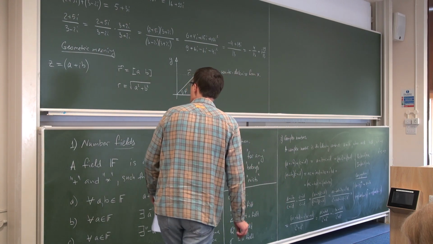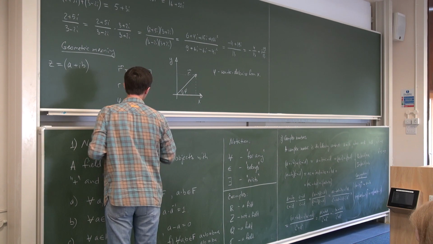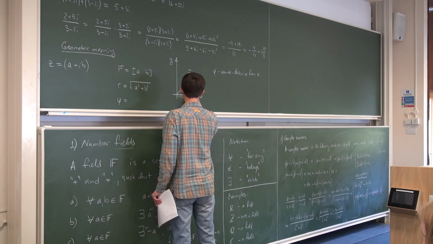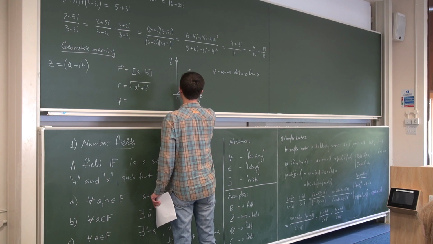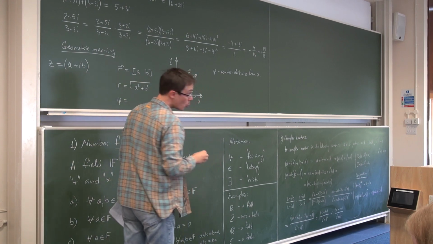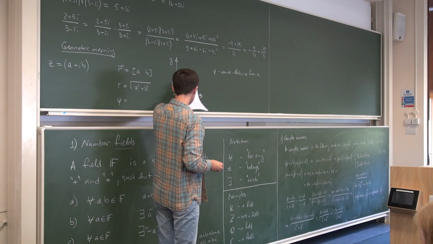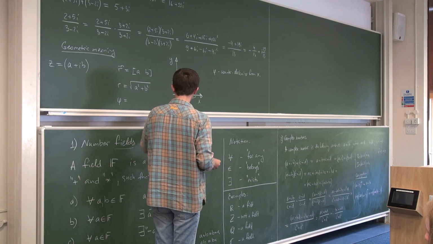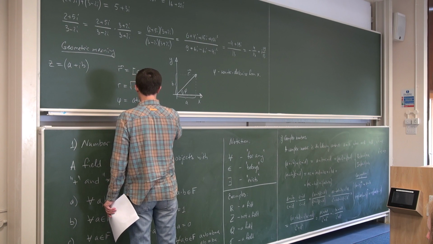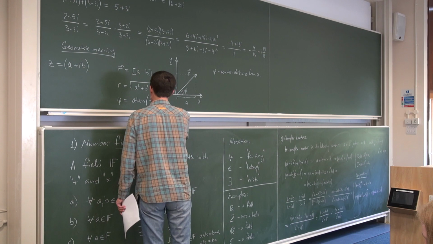So, if we look, we've got the modulus and we've got the angle phi, and if that's our x component, so this would be A, and that's our y component, that would be B, then we know that the tangent of this angle from basic trigonometry is the far side divided by the near side, and so the angle itself is the arctangent of B divided by A.